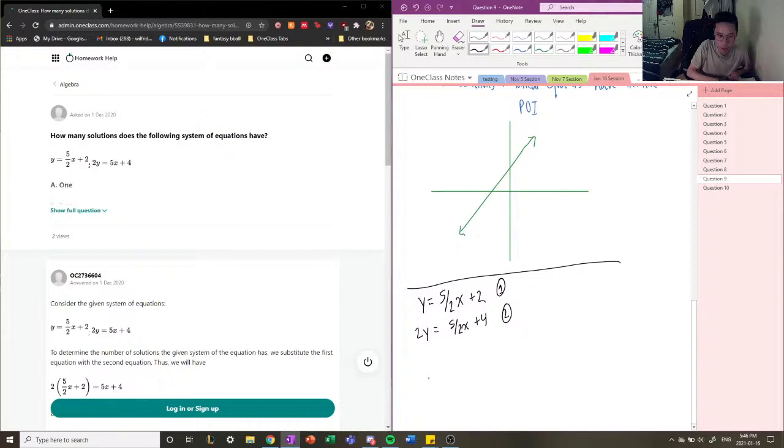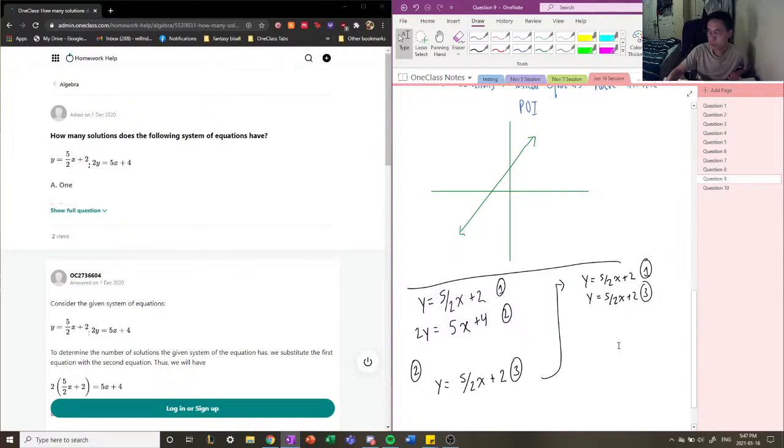We divide both sides by 2, so we get y equals 5 over 2 x plus 2. So now, here is our system of linear equations. Let me just identify that these are two different equations here.